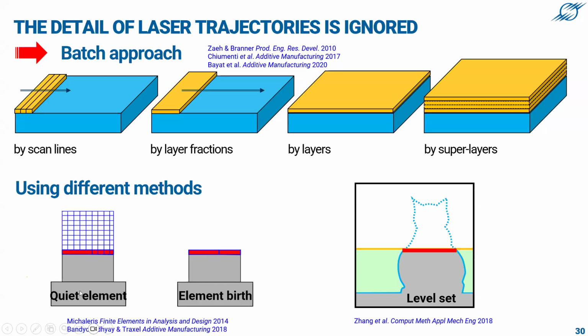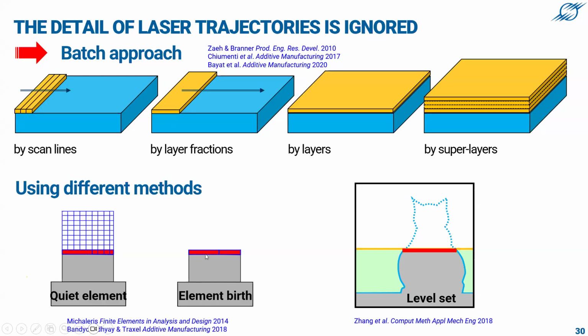And generally in the literature, that is done within 2 different contexts, either quiet elements, in which the potential part is fully meshed, and then you activate according to the rules, layer by layer or fraction of layer by fraction of layer, your elements.